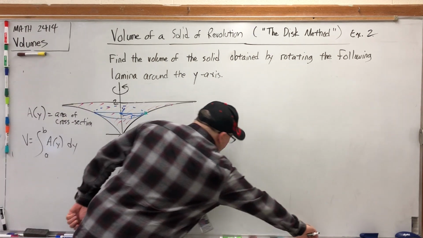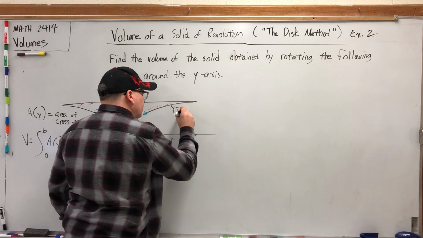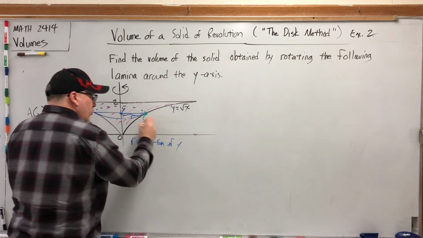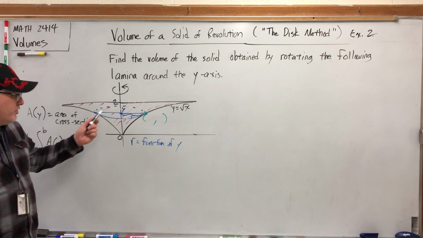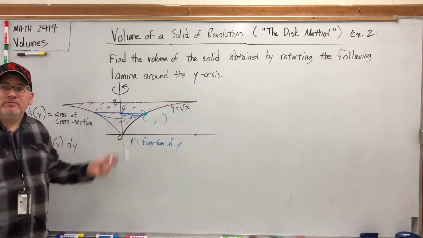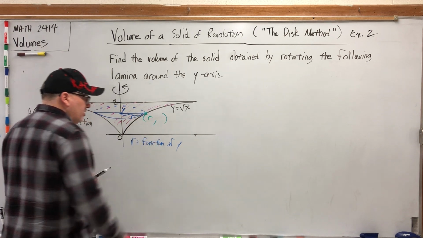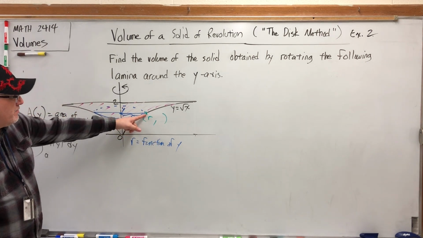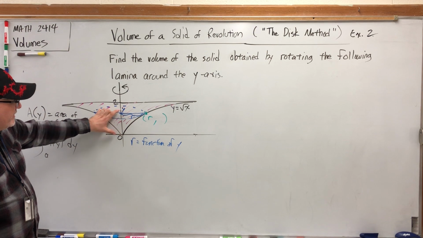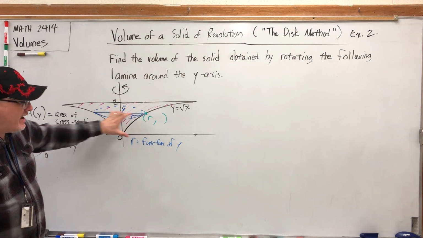What would this point be? Would the radius be the x or the y coordinate? Well, since it's the horizontal displacement, it would actually be the x coordinate. But what would this point's y coordinate be? Well, it's this y that we cut on the y-axis.